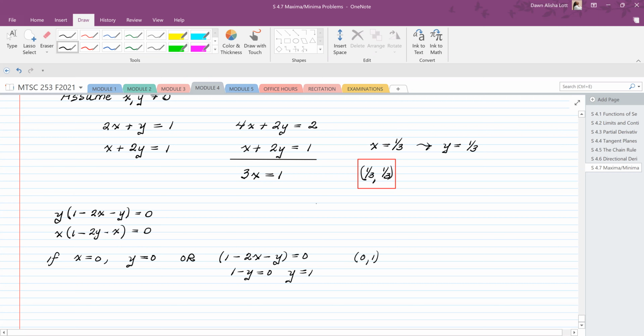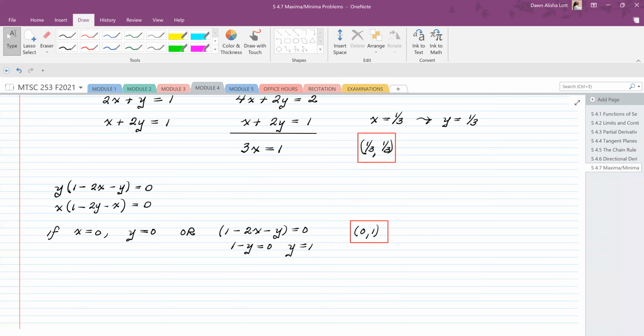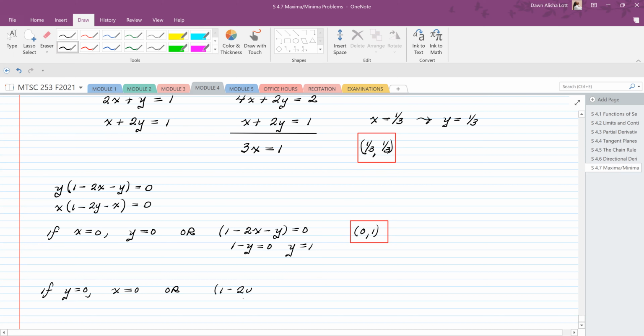And in the second equation, if y is equal to 0, clearly the first equation is satisfied. So x could also equal 0, or 1 minus 2y minus x could equal 0, which says 1 minus x equals 0, or x is equal to 1. So we also get the point (1, 0).